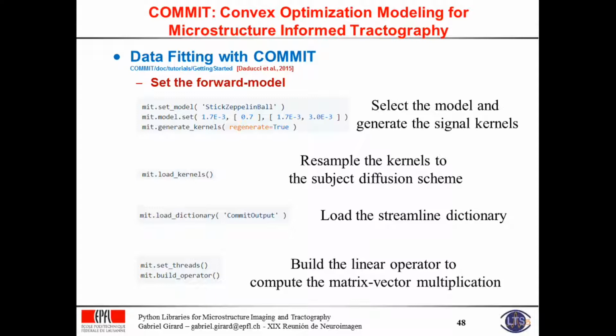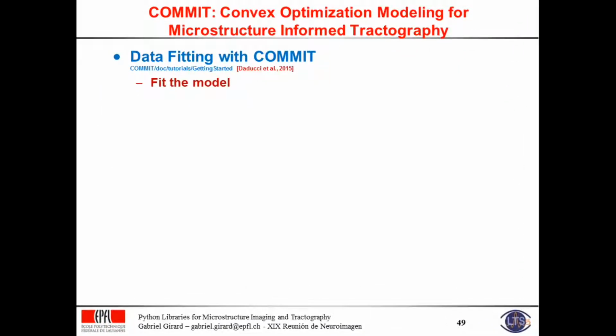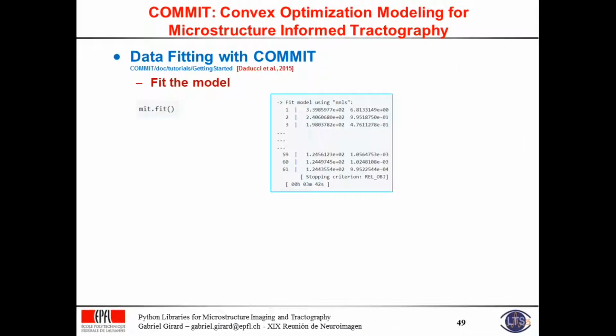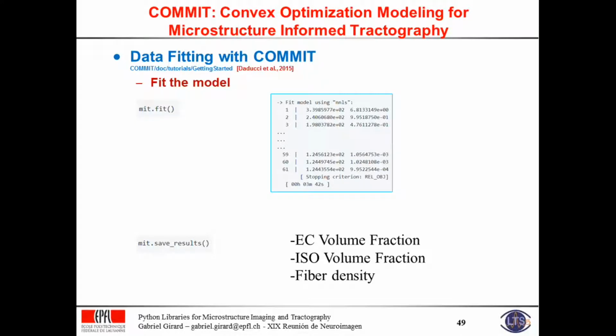So this can be very, very big. So you need some kind of special mechanic to be able to do the matrix-vector multiplication here. So now what you want to do is to fit the model, and it's essentially just calling the fit function there. You define the model, you get the data, you just run it very quickly. And similarly to AMICO, you can save the result.